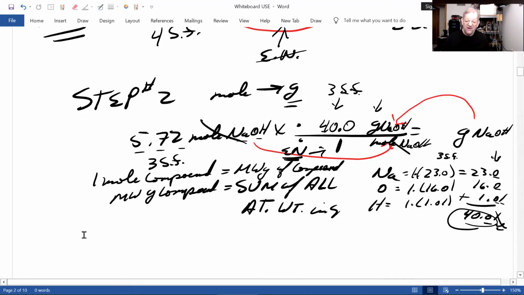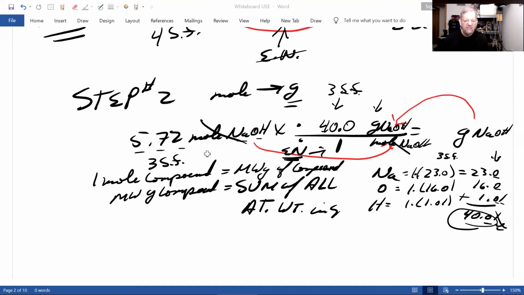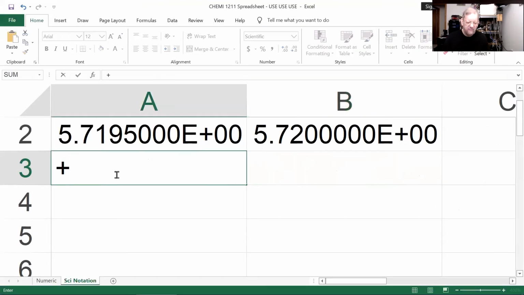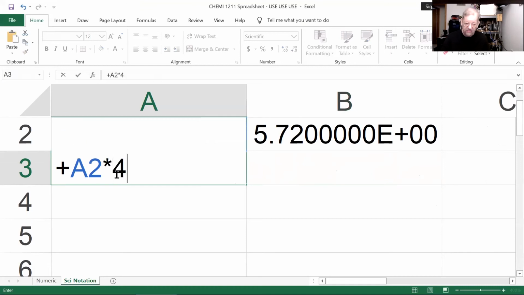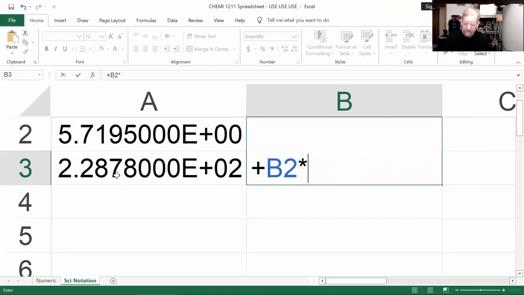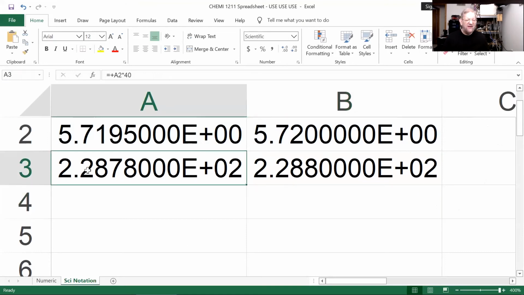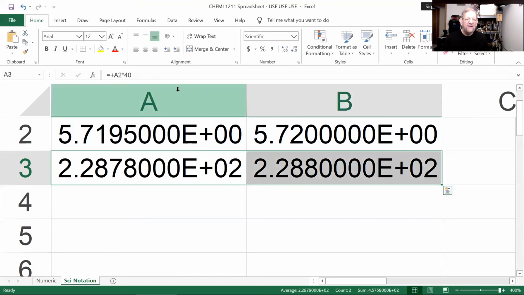So now I'm going to go back to my spreadsheet. And notice if we round this number or this one, oh, I'm going to get fancy on you. What's in red to three significant figures? Oh, look, we get the same number.